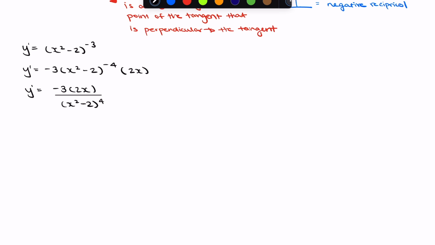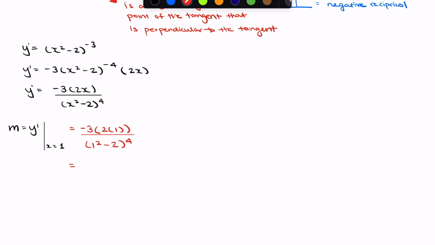So we're going to find here the slope, and the slope here is y prime at x is equal to 1. So we'll sub that in. That would be equal to -3 times 2 times 1 divided by (1 squared minus 2) to the power of 4.